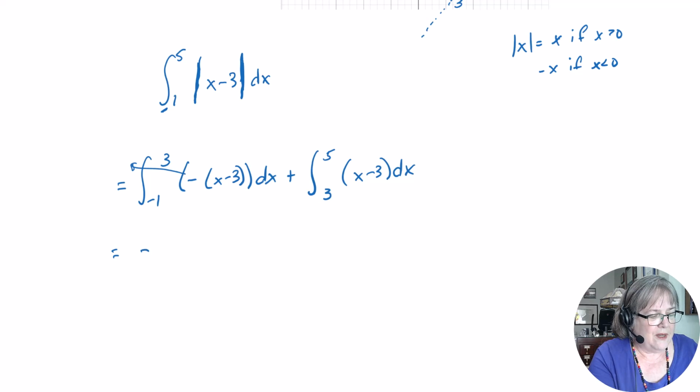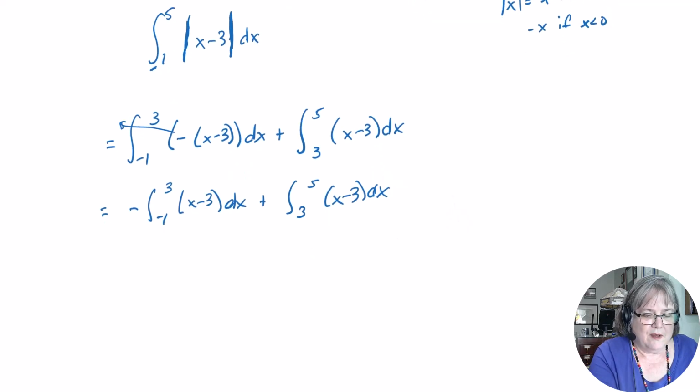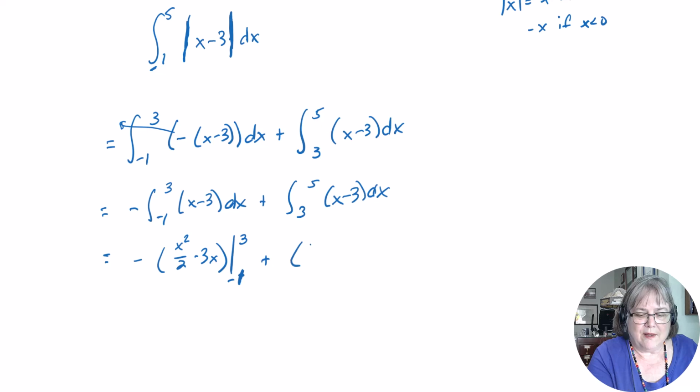I'd have negative the integral from -1 to 3 of x minus 3 dx plus the integral from 3 to 5 of x minus 3 dx. So this is the negative of x squared over 2 minus 3x evaluated from -1 to 3, plus, same thing, x squared over 2 minus 3x from 3 to 5.